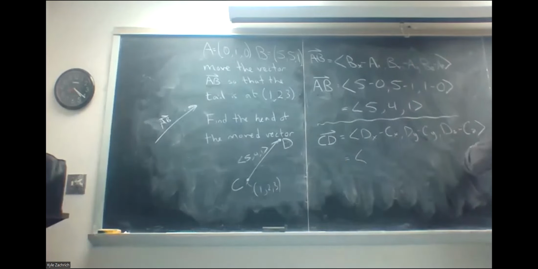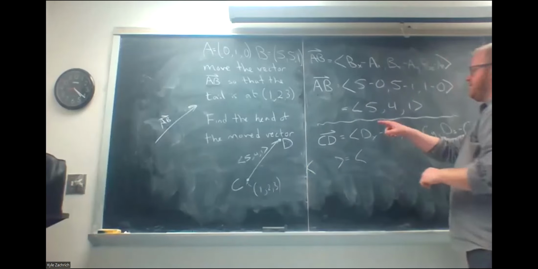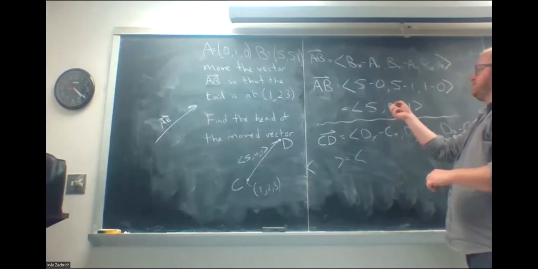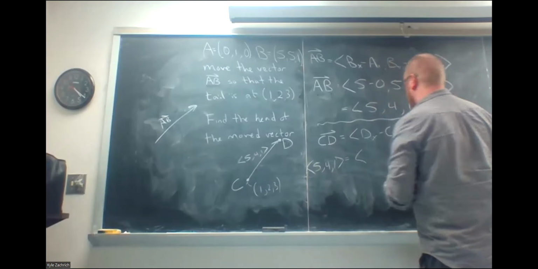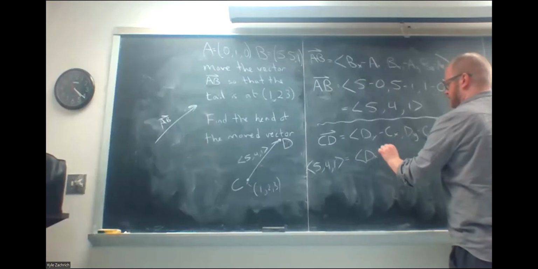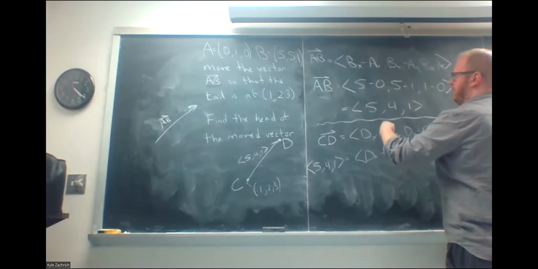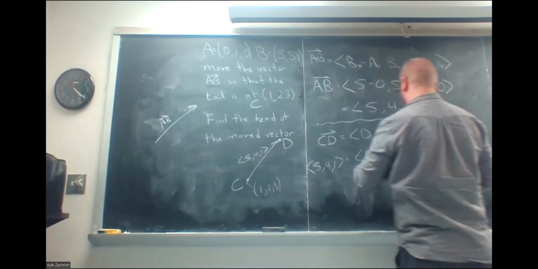So we don't know all of these values. What we do know is that the vector we're interested in is 5, 4, 1. We don't know what Dx is. We know that Cx is going to be 1.